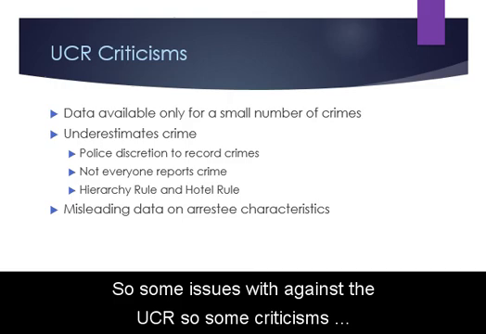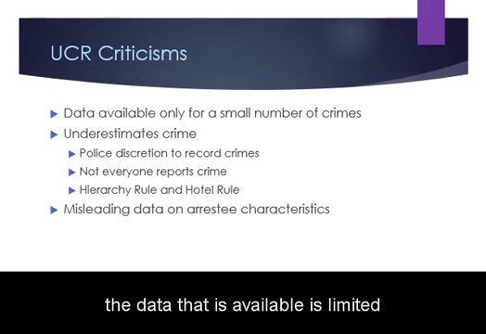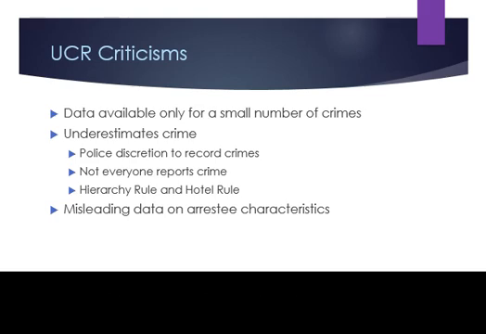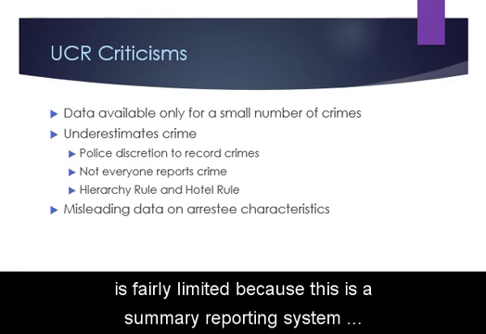So some issues with the UCR, some criticisms or limitations, is that for the Part 1 crimes, there's only 10. And so the data that is available is limited to a smaller number of crimes. Additionally, keep in mind that the data that is available is fairly limited because this is a summary reporting system.